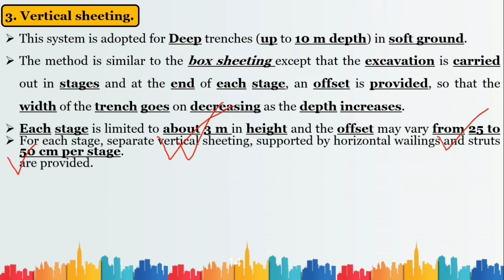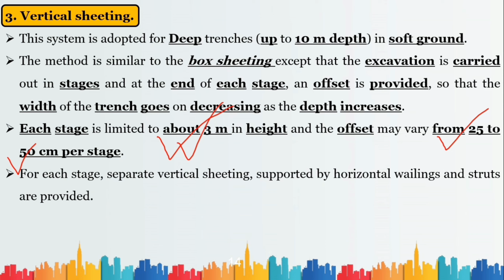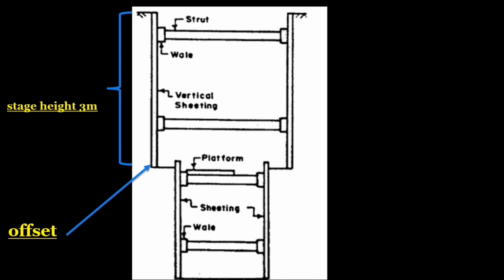And as we discussed in the particular figure, when we have the offset, all the offsets need some support, and that support is again provided by a separate vertical sheet, horizontal sheet, or the strut.